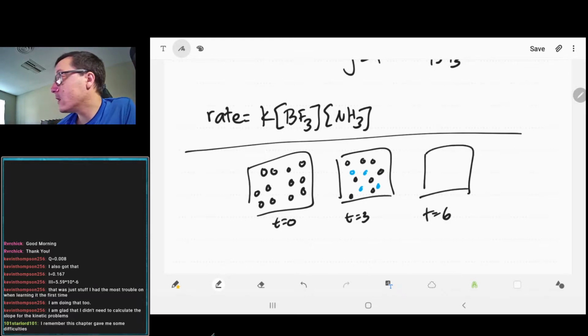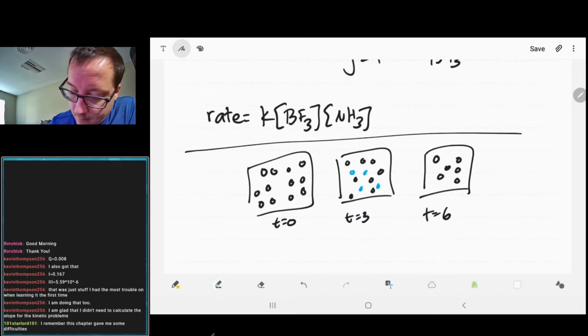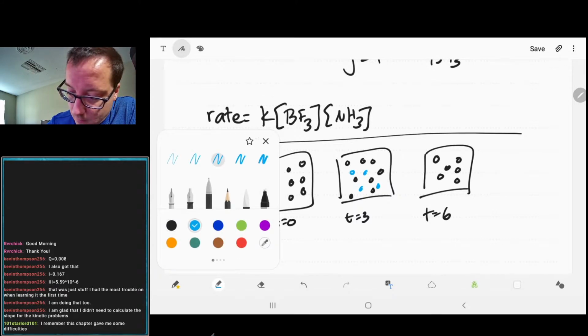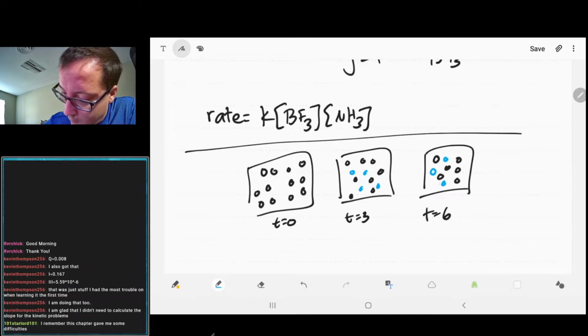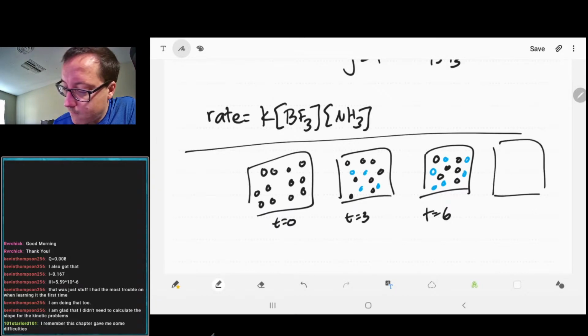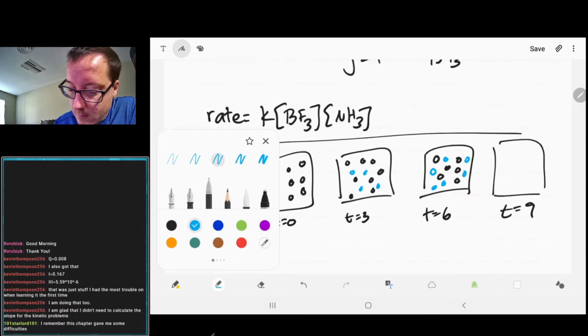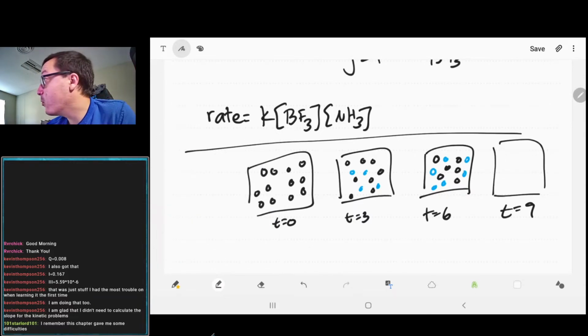T equals 6. And then we have 9. This is going to take me more. Actually, we don't have 9. We're looking for 12.